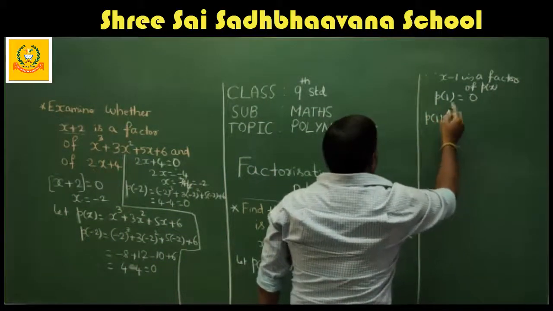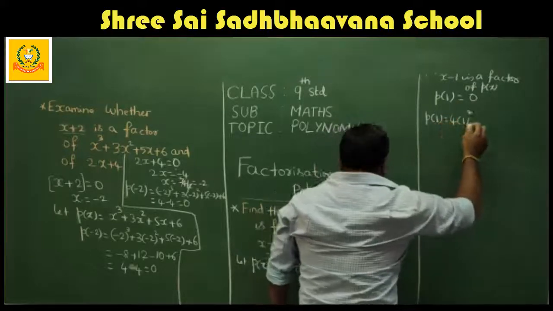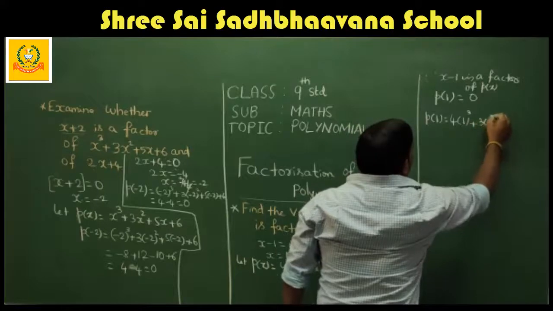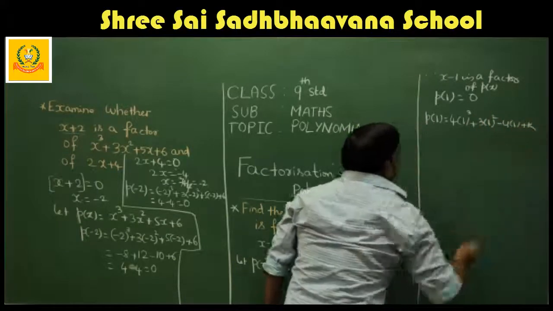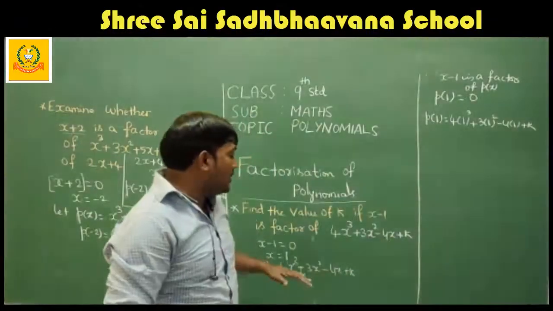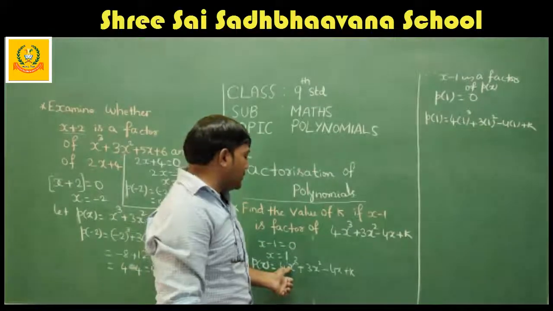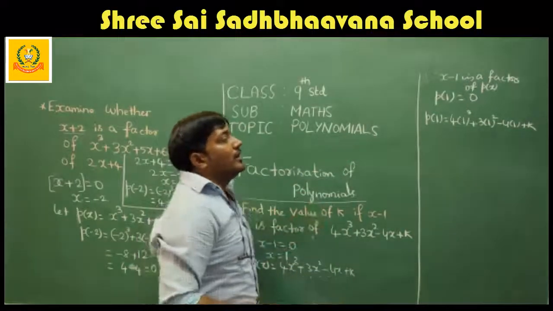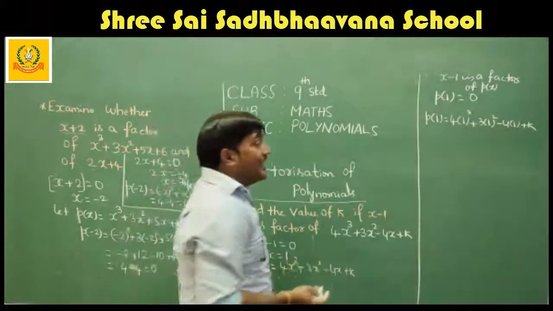What will be p of 1? 4 into 1 cube plus 3 into 1 square minus 4 into 1 plus k. Wherever x is there, I am substituting the x value as 1.